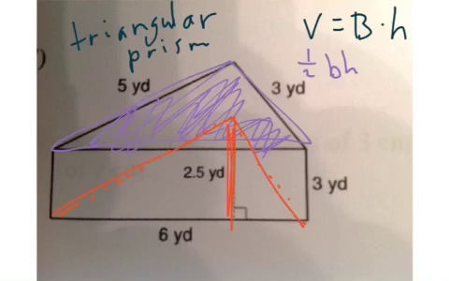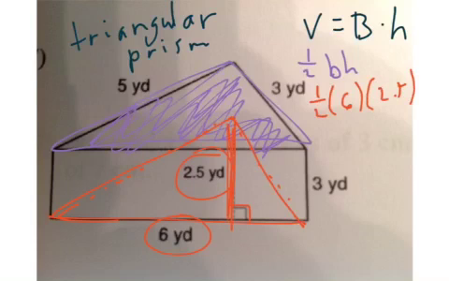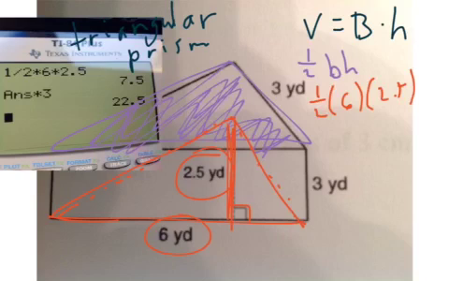Notice what's given to us here is the height of that triangle is 2.5 yards, and it's measured to this base of 6 yards. So continuing with our calculations, we have 1/2, the base of the triangle is 6, the height is 2.5. Looking at our calculations from the calculator again, in the top left corner, we know 1/2 times 6 times 2.5 is 7.5. This again is big B.